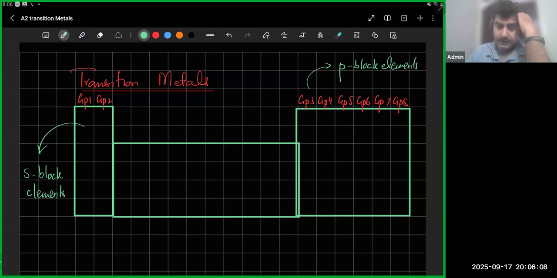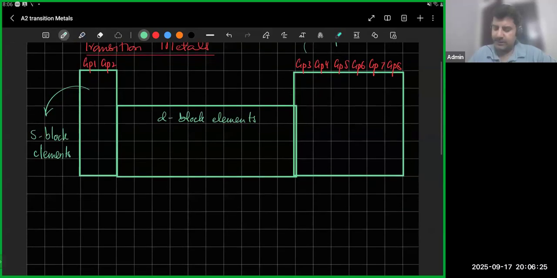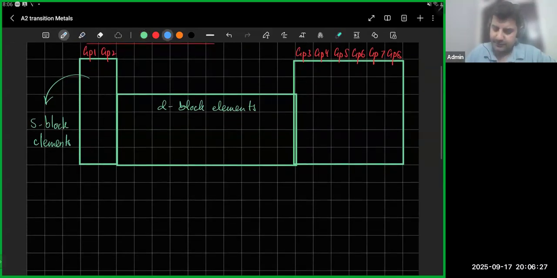And the ones that you think are transition metals are known as D block elements. Technically not all of them are transition metals. Why are they called S block elements? Because the last electron goes into an S subshell.